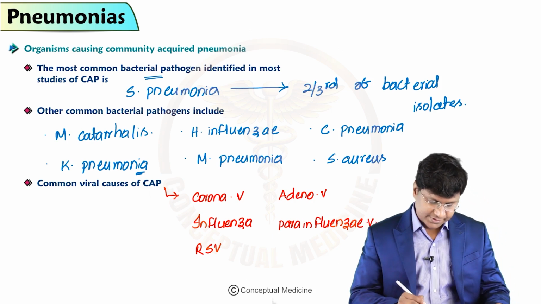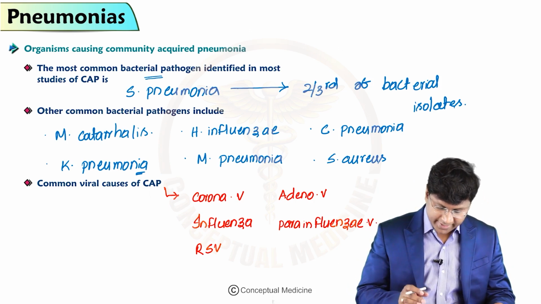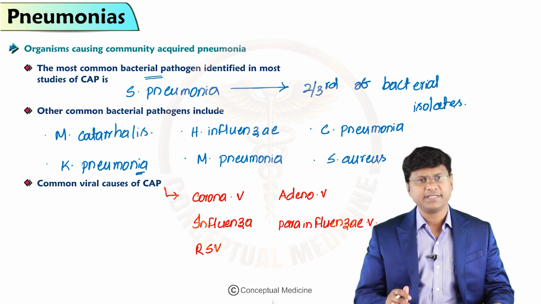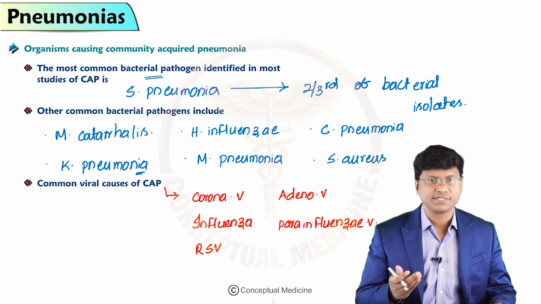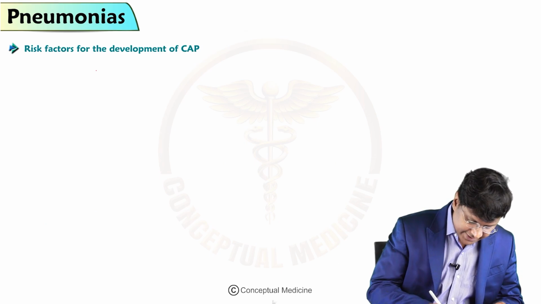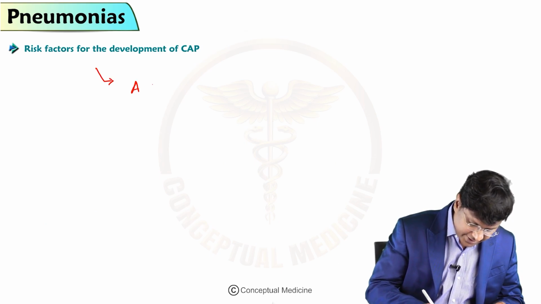These are the common viral infections which cause community acquired pneumonia. Then you should know the risk factors for the development of community acquired pneumonia. Number 1 is advanced age of the individual.